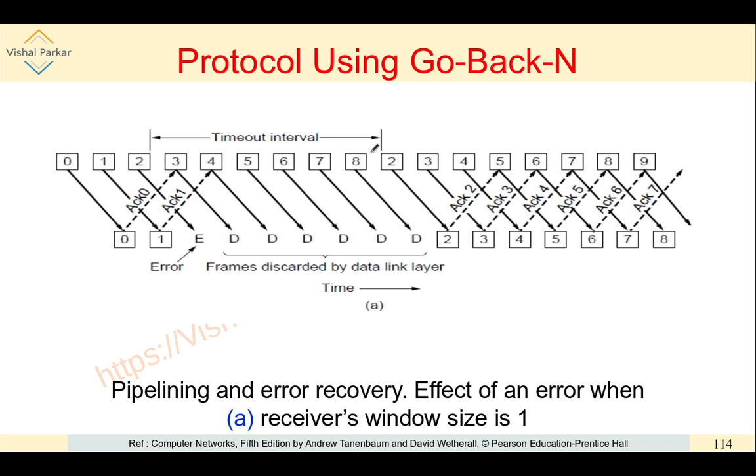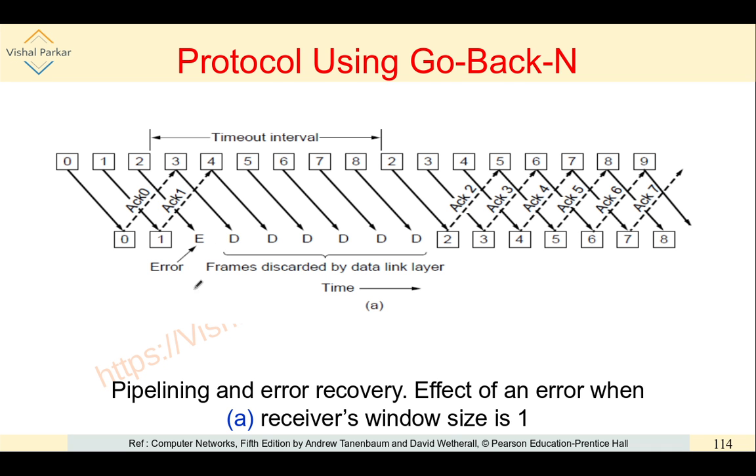That's why the sender had to send all the way from 2, 3, 4 up till 8 once again. Now frame number 2 was received at the receiver, and the corresponding acknowledgements have been sent back. So this is what is called the go back N protocol.